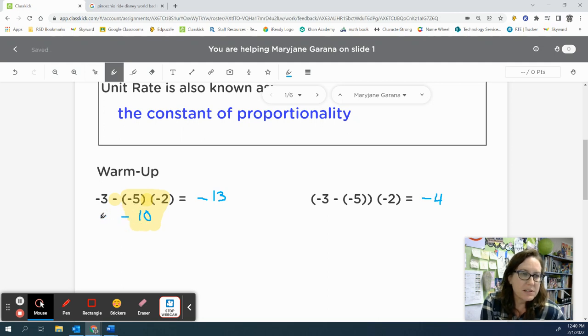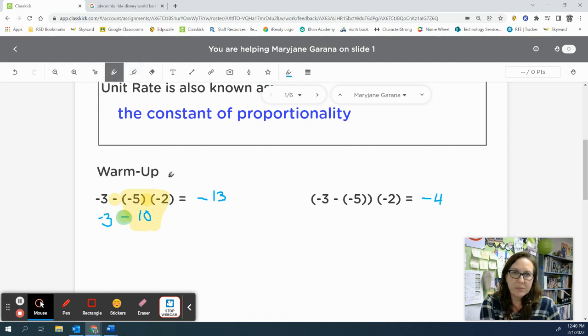I'm going to rewrite the rest of this exactly the way it was written. So I've got 3 take away 10. What do we have to do next? We have a subtraction, so we obviously have to subtract next. But what do we have to do when we have a subtraction problem, when there are negatives or the first number is smaller than the second number?